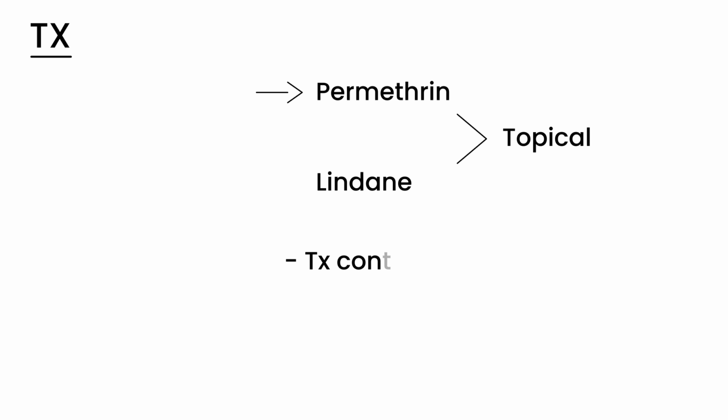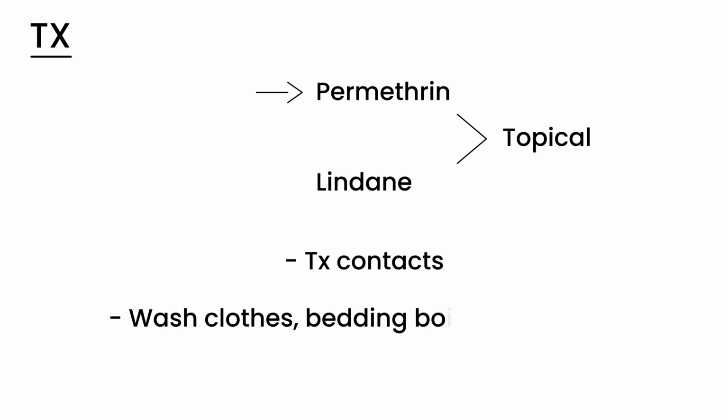You must treat the contacts, all the people that were in close proximity to the affected patient. And another important point is that all the clothes and bedding must be washed thoroughly in boiling hot water, in an attempt to, of course, kill the mites.